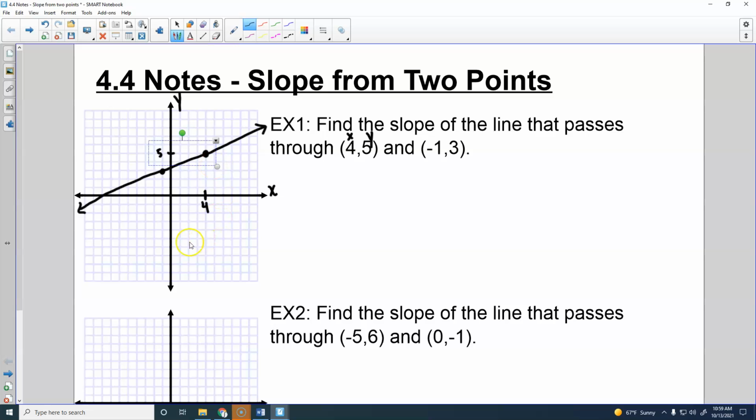Okay. And for the -1, 3, -1 is right here. 3 is right here. So the coordinates of that point, if you took -1 and 3 and you met, they would end up right here at this point.